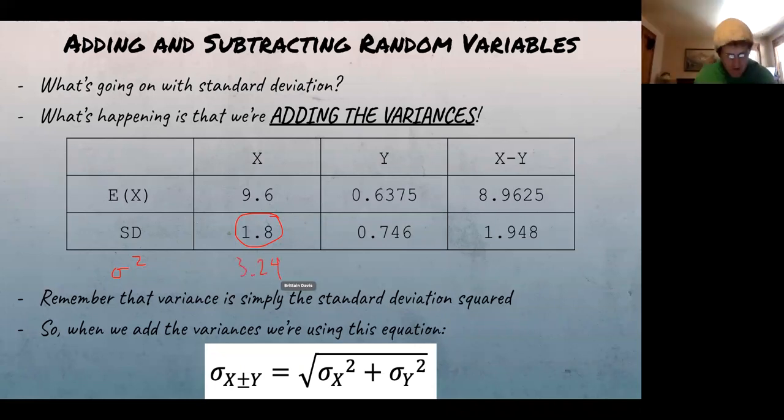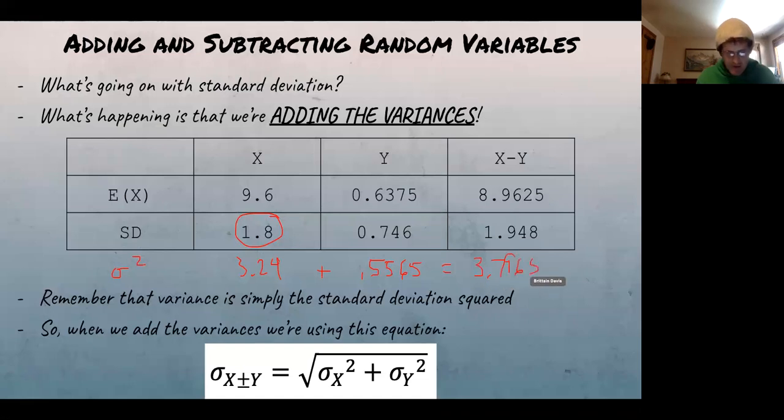This is rounded, but it'll be close enough for our purposes. I'm going to do 0.746 squared, and that's 0.5565. If I add these up, that gets me 3.7965.